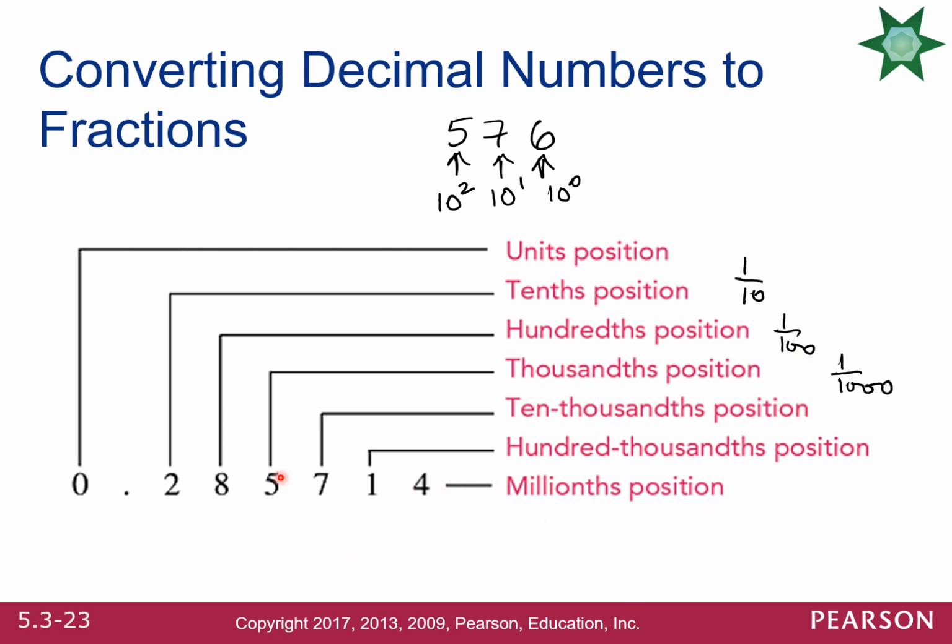All right, so we have to remember the positional values of the decimal part, just as we know the positional value of the digits to the left of the decimal point, right?